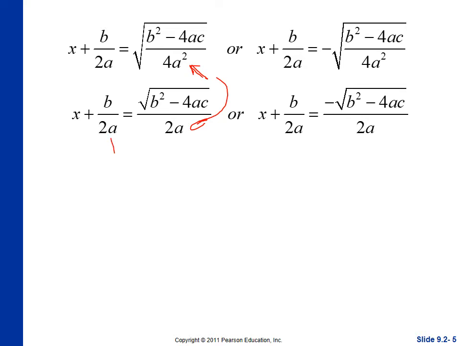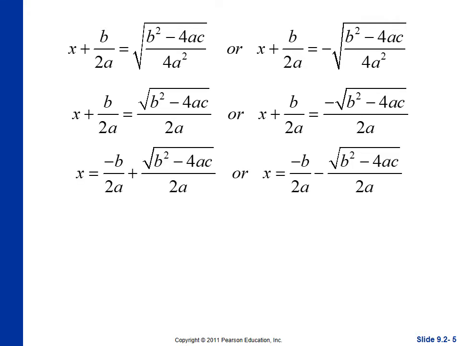Notice what we have here is 2a as well. And we're going to subtract b over 2a from each side. And so that's what ends up happening: negative b over 2a plus the square root of b squared minus 4ac over 2a, and negative b over 2a minus the square root of b squared minus 4ac over 2a.